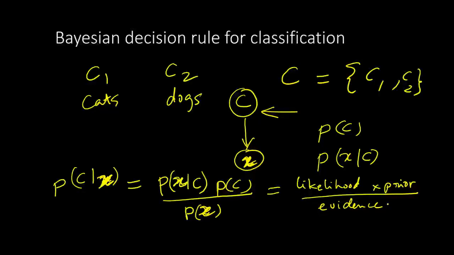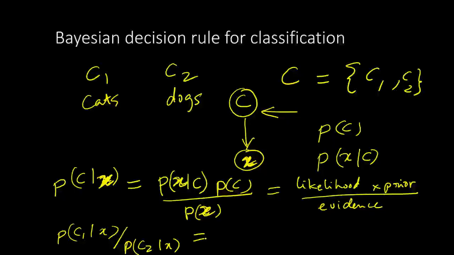So what we are actually trying to do is measure the ratio of the probabilities of the two classes given the data, which is P of C1 given X divided by P of C2 given X. And we are going to measure whether this ratio is greater than 1 or less than 1.